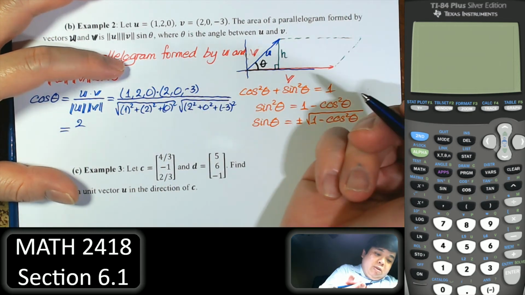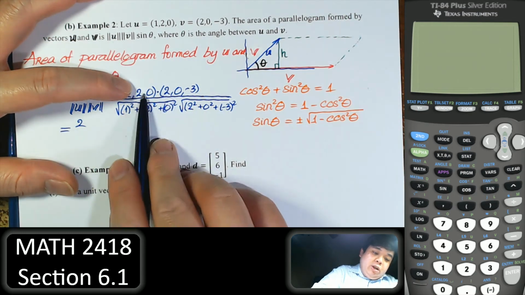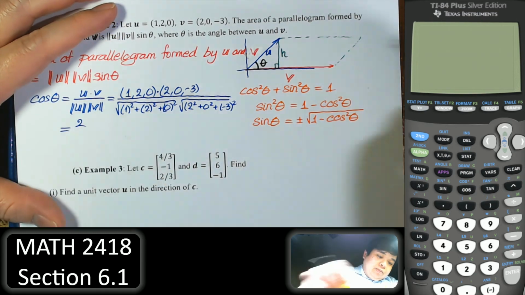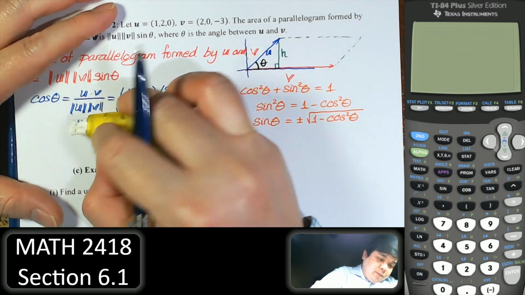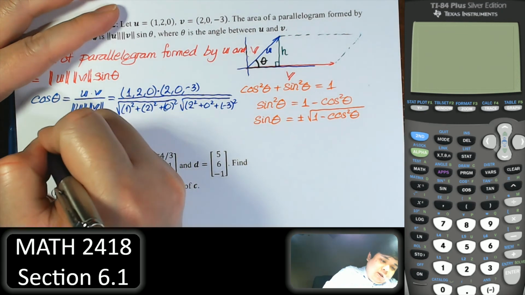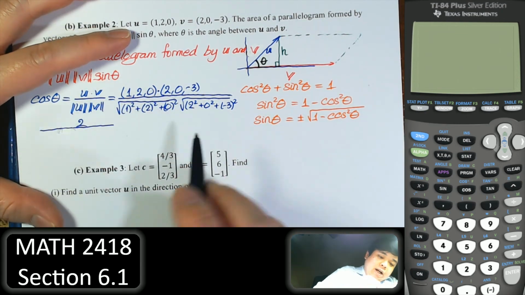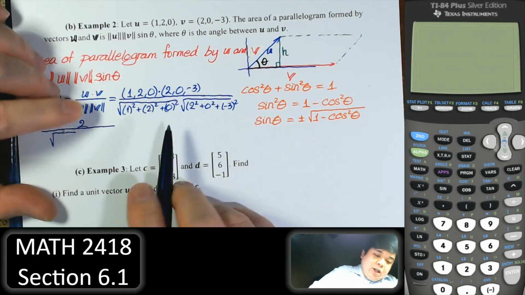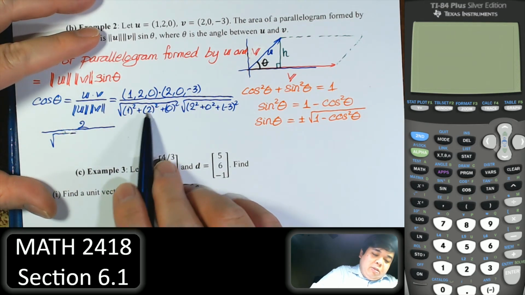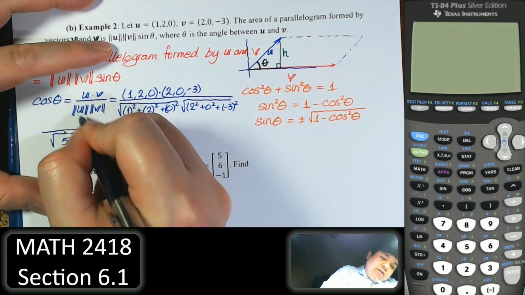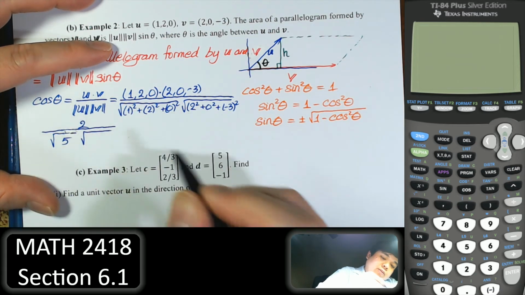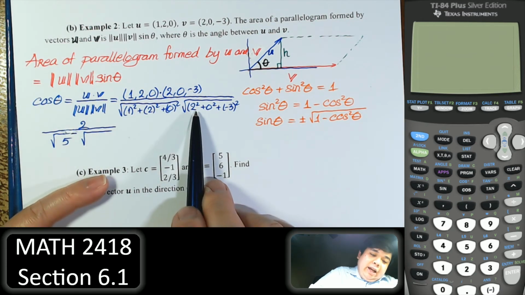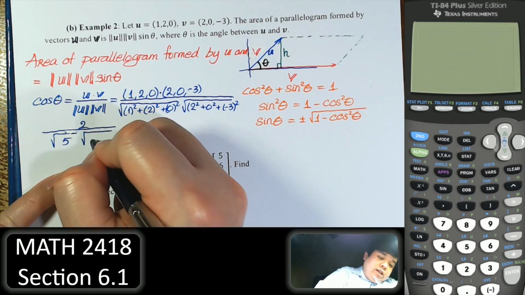So that's just 2 on the top. At the bottom we have the magnitude of u, the square root of 1 plus 4, so the square root of 5, and then 4 plus 9, the square root of 13.